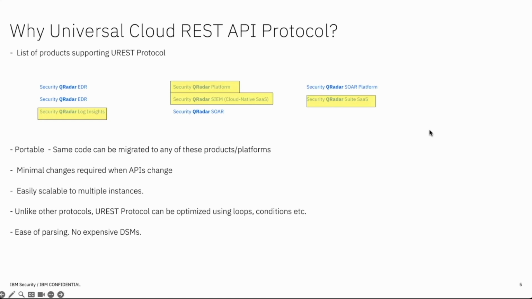But when you are using JSON data, the chances of parsing being expensive in terms of CPU are very minimal. In all, there are many advantages of using the UREST protocol instead of other protocols for integration. But the most important thing for us as app developers is that it is portable across different QRadar products.